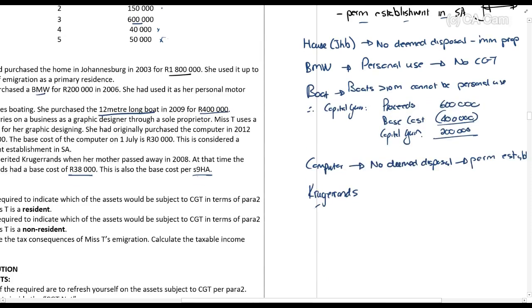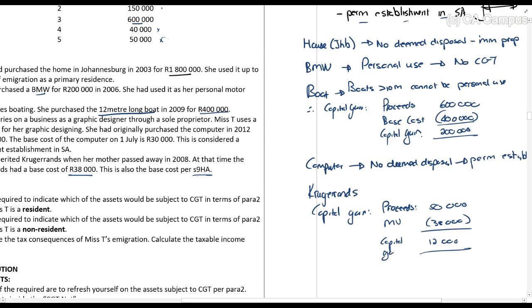So we have to calculate a capital gain. The proceeds in this case will be 50,000 and the market value will be 38,000. So there will be a 12,000 rands capital gain.